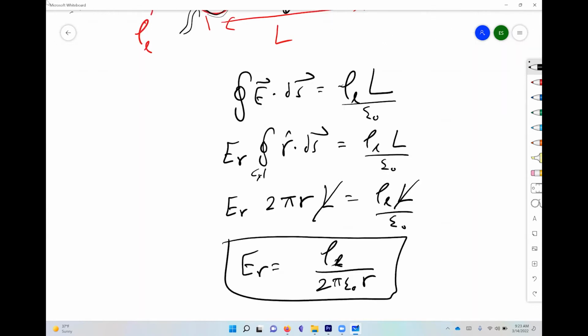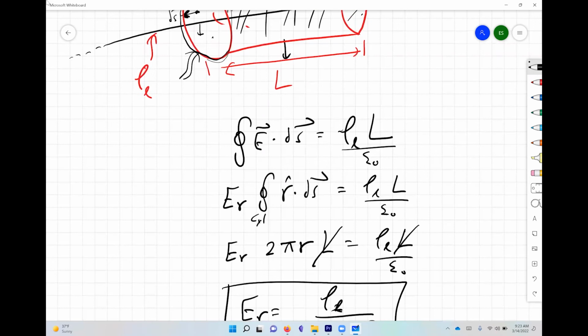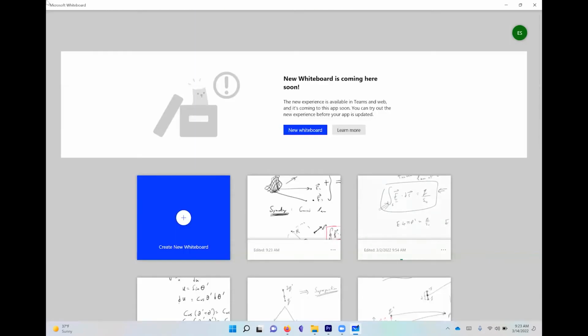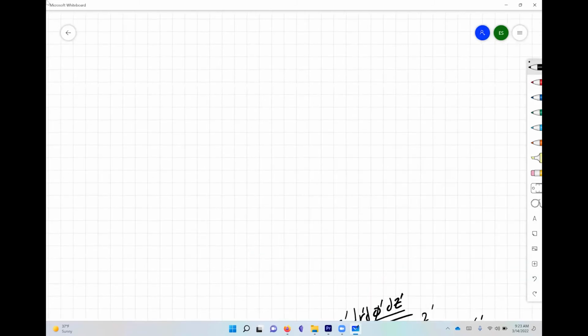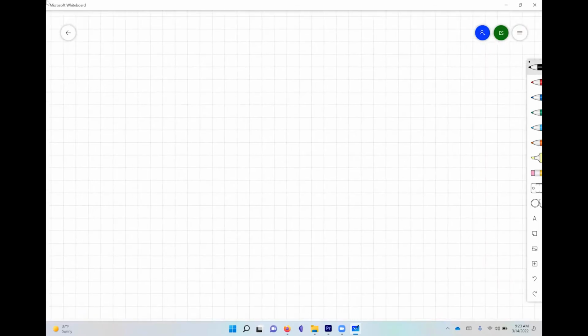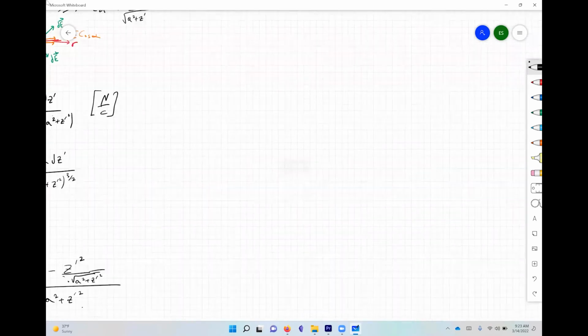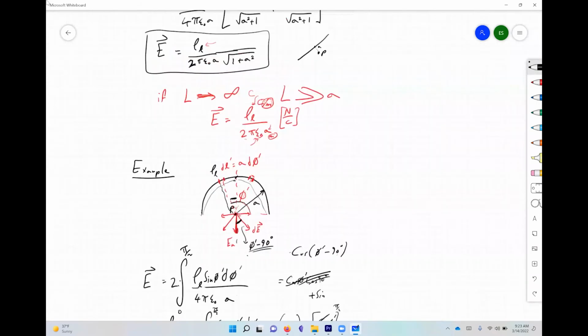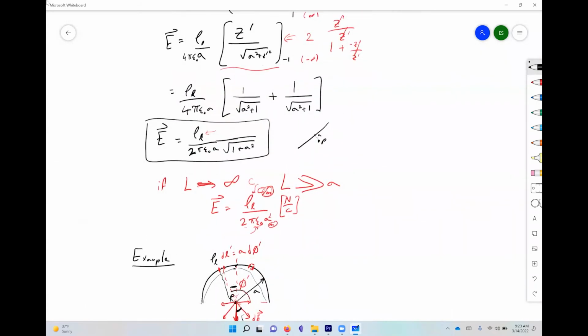And this is exactly the result that we got using Coulomb's law, right? Remember when we did this calculation by direct integration, I think we did it last time. Last time we were talking about the cylindrical cloud, but here we did it.